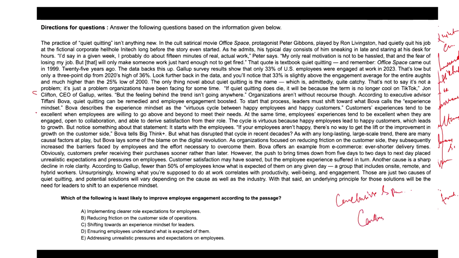Overall, the whole text is discussing the concept of quiet quitting, where employees do the minimum required work due to a lack of engagement. It explained that this phenomenon is not new, as depicted in the 1999 movie Office Space. Data suggests that low employee engagement has been a consistent issue for decades.